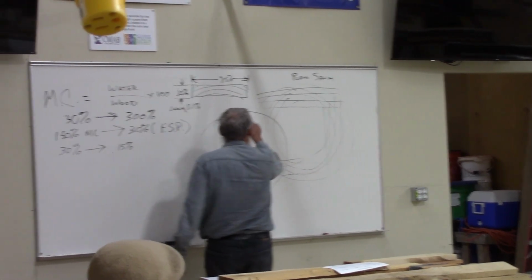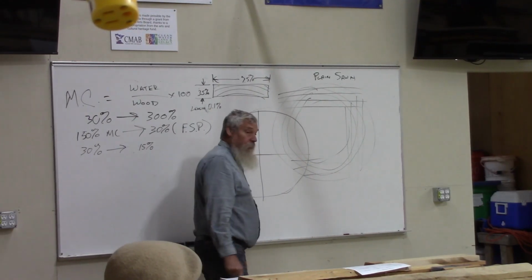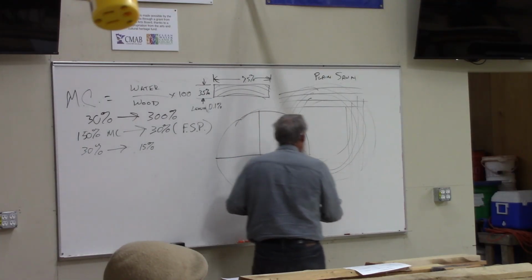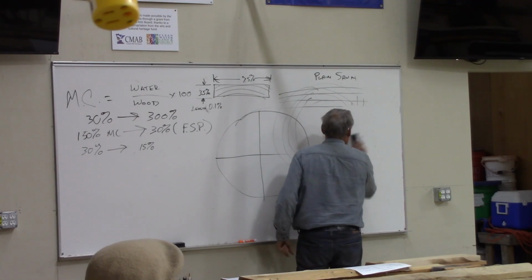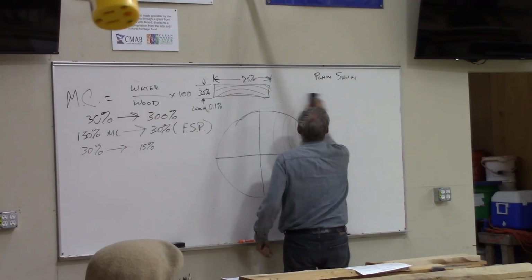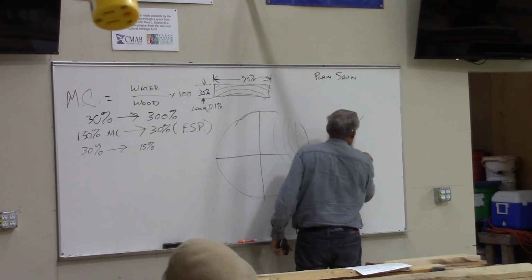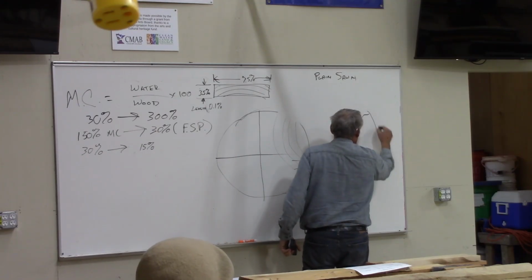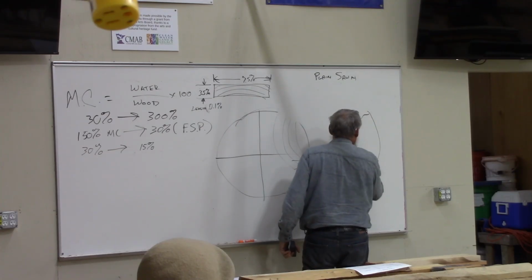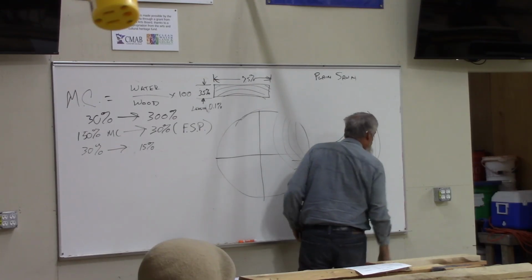Okay, so quarter sawn really means that the log is cut into quarters, and then you work with a quarter. And you're going to cut it like that.